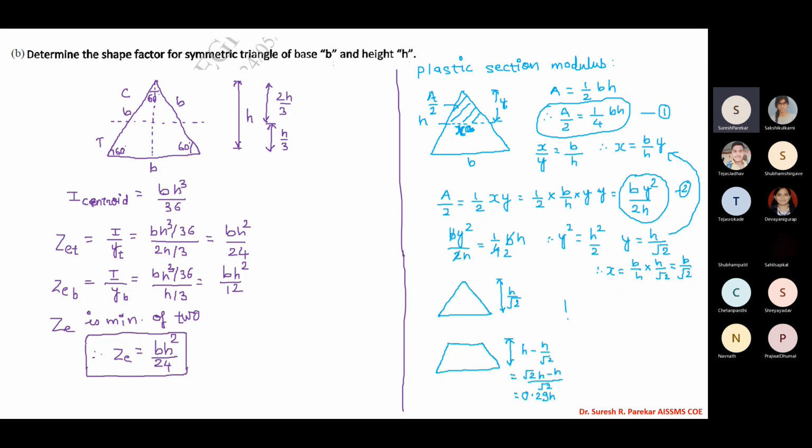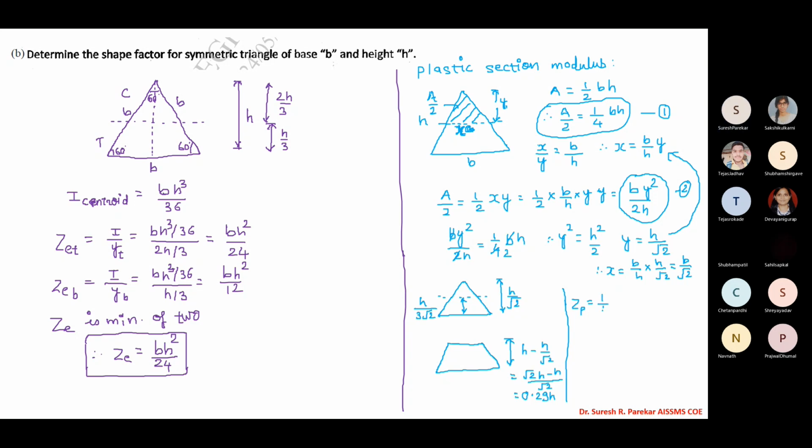And now we will find ZP. So we have ZP equal to A into H bar. H bar will be at H by 3 from the bottom, and H we have H by root 2. So H by 3 means H upon 3 root 2. Area we know is 1/4 BH.